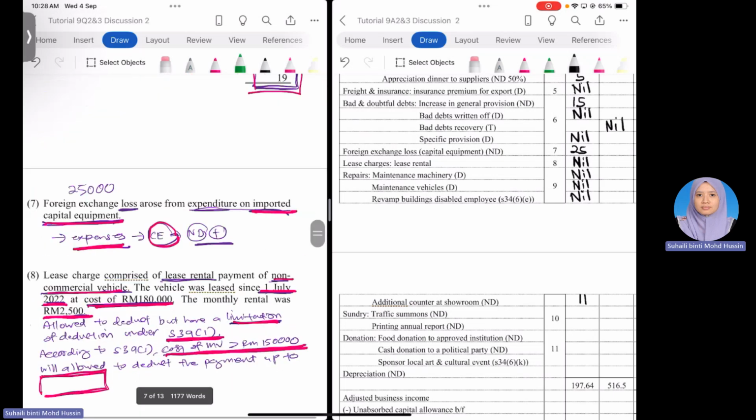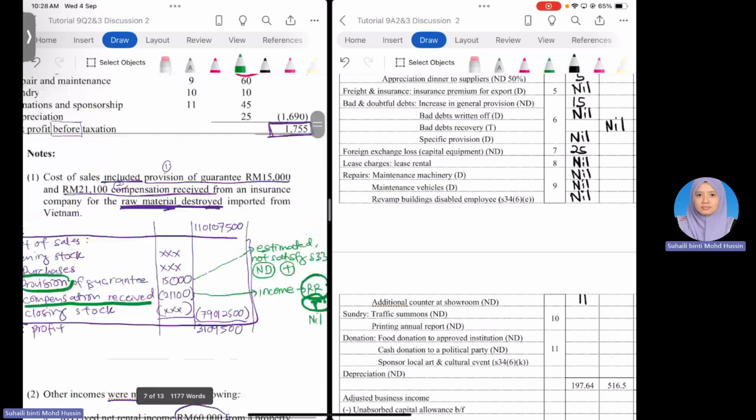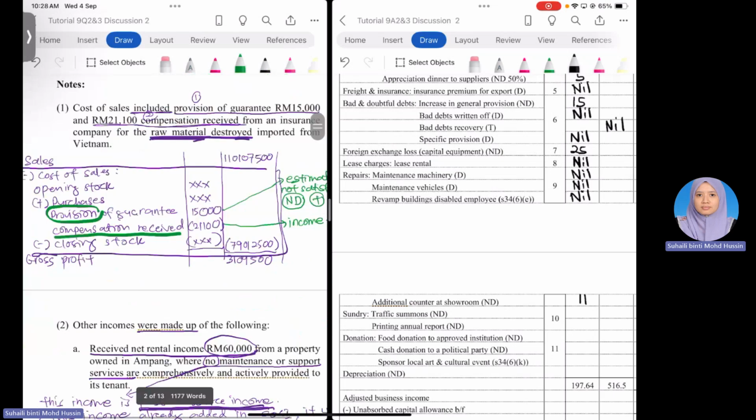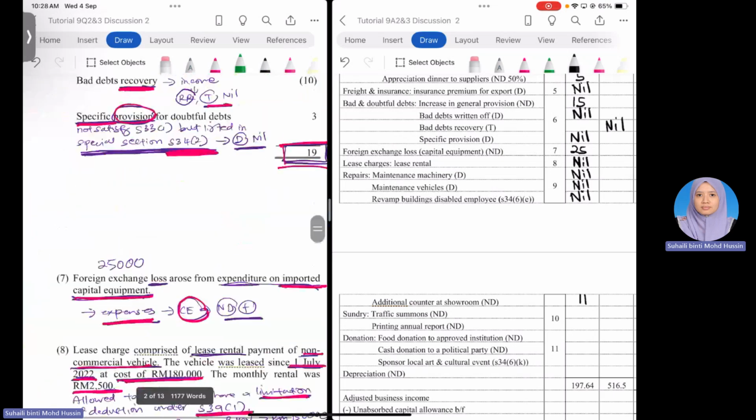Number 10, sundry expenses. For number 10, you also deducted 10,000 ringgit. So we see the detail of what the company included under sundry expenses.